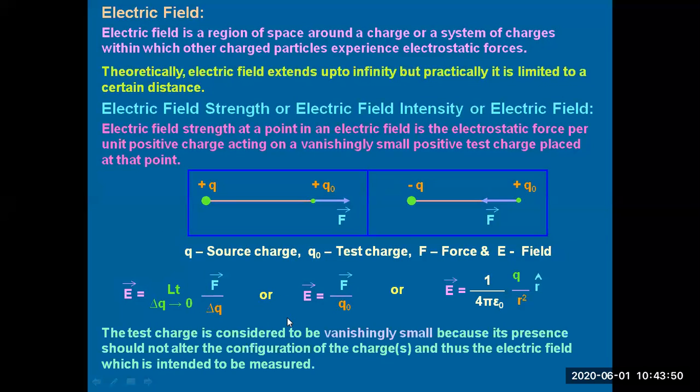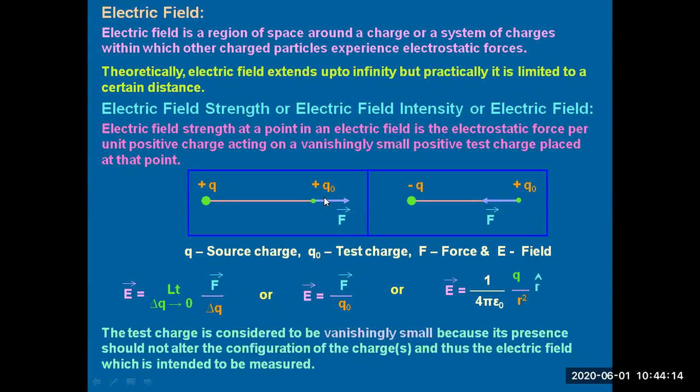This test charge is considered to be vanishingly small because its presence should neither alter the configuration of the charges, and thus the electric field. Why we call the test charge vanishingly small means it is only to test. Now in this region, this charge value is 5 coulomb, for example.